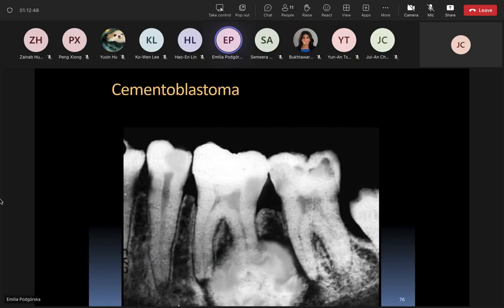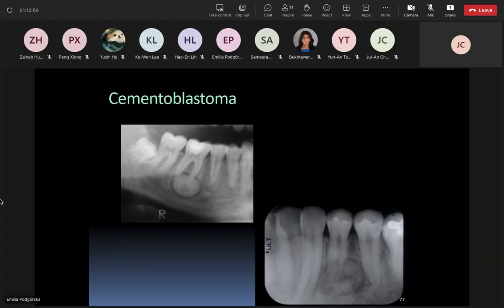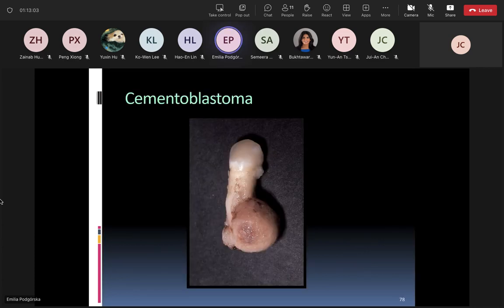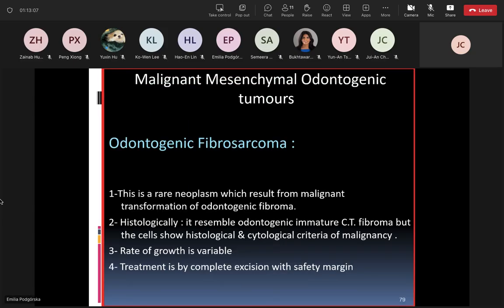Cementoblastoma, you can see on the picture.